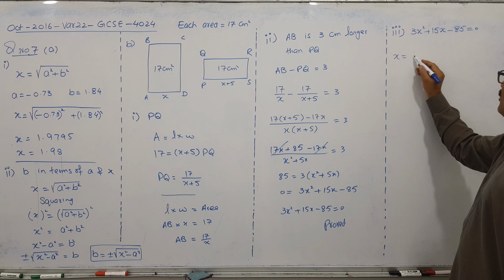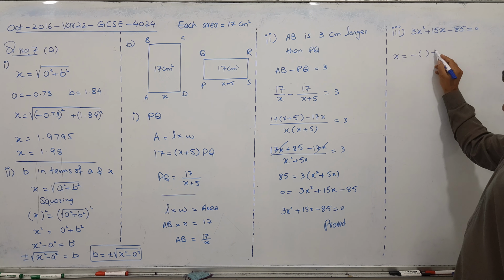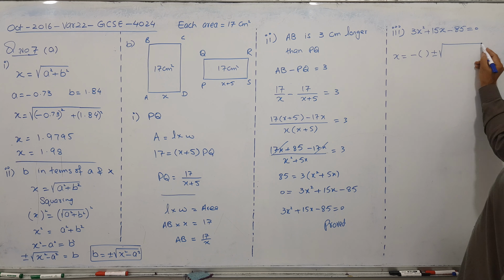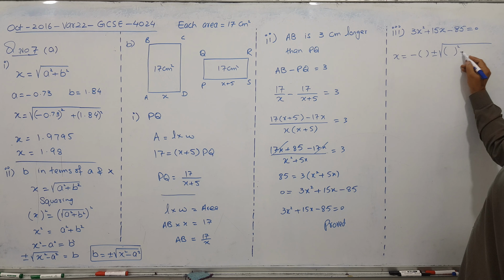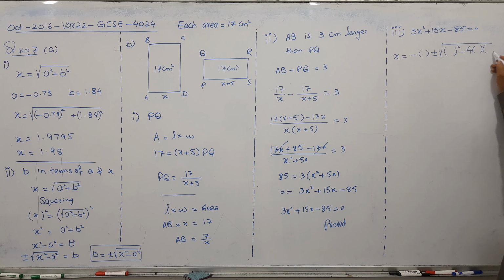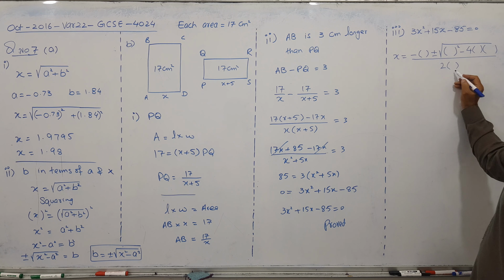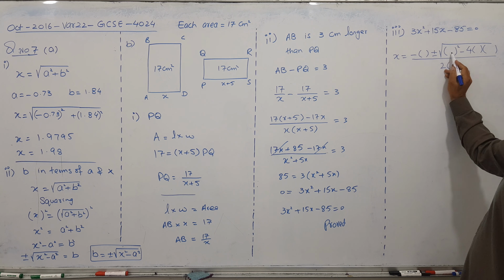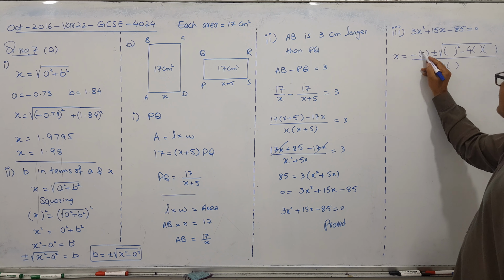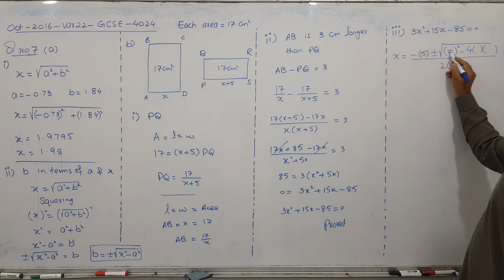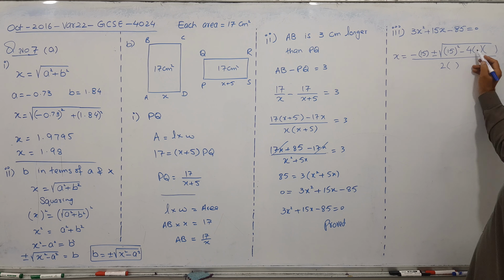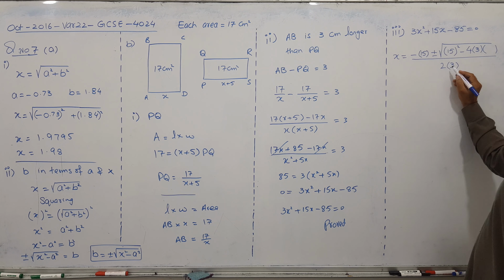So the formula, you know, negative b plus and minus square root of b squared minus 4a into c, divided by 2a. Now you know b is here and here. So this 15 comes here and here. For 4ac, a and c, and here 2 a's come, so 3 is a, comes here and here.